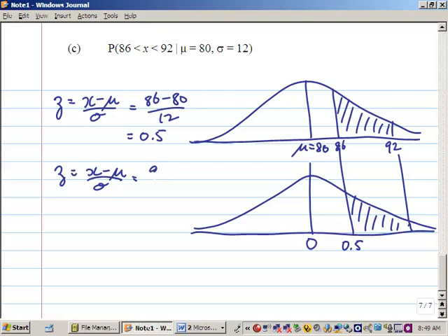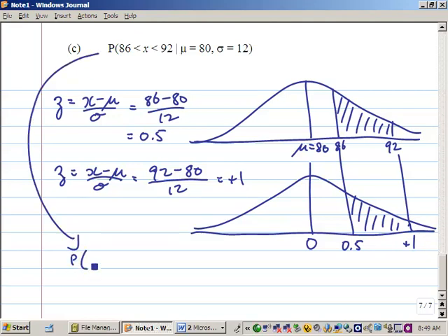The limit 92 minus the mean 80. Alright, there's 12 units divided by 12 units, and that's plus 1. So this probability that we're asked to find here is the same as getting the z value between a half and 1.